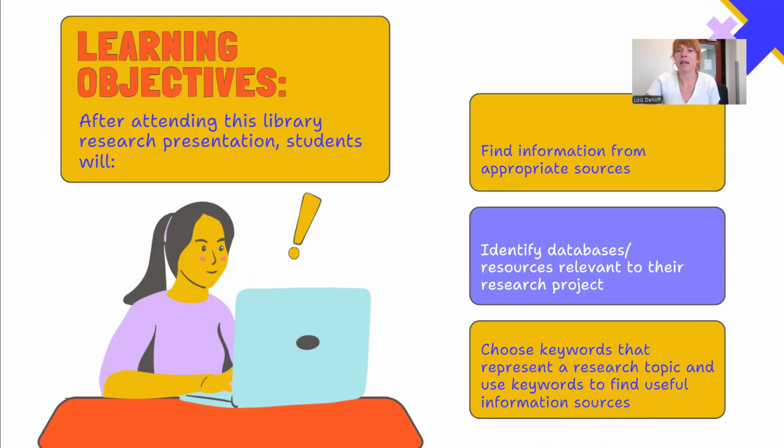We identified databases and resources that will help you as you are looking for those sources. And then we talked about how keywords play a role in really finding what you need within those databases, as well as the filters, as well as the punctuation. All of those things play huge roles when you are looking to expand your knowledge on a topic.